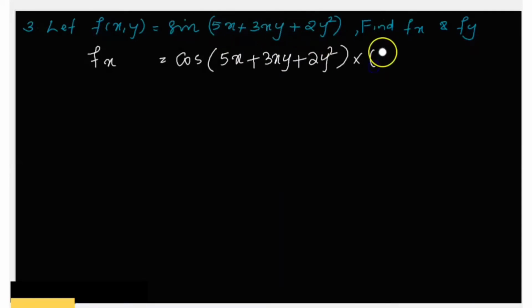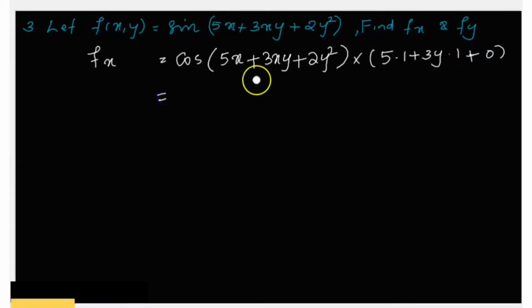That is 5 into the derivative of x which is 1, plus in the second term 3y is constant and the derivative of x is 1. What about the last term? It is independent of x, therefore the derivative is 0.